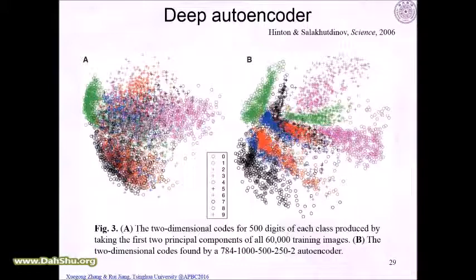We can see that each color and symbol represents 1 digit. We can see at these 2 nodes, the 10 digits are reasonably well separated from each other.